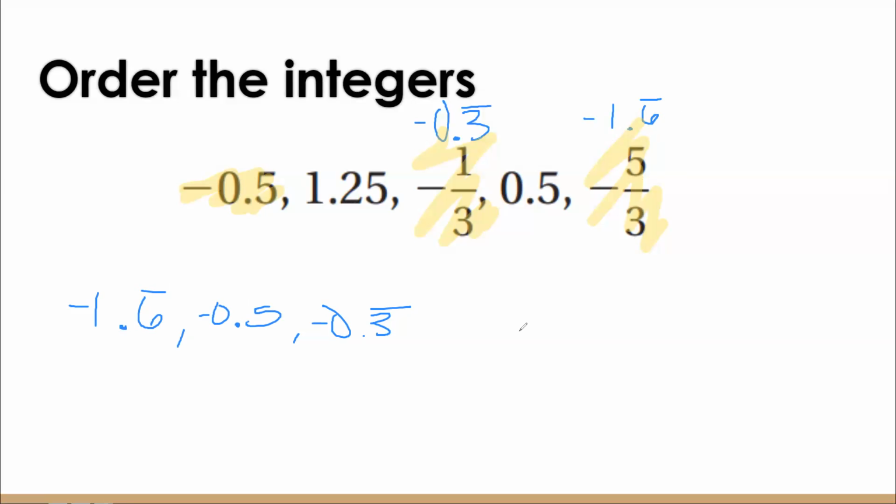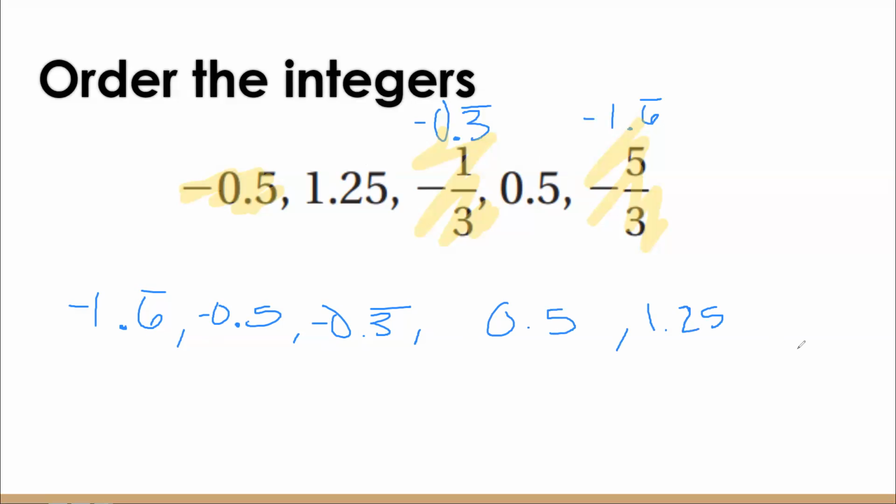Now that I have my negative numbers out of the way, I'm going to work with those positive numbers. Positive numbers, I'm looking at 50 cents and $1.25. I would rather have $1.25 over 50 cents, so I know 1.25 is going to be the bigger number, which leaves our last spot for that 0.5 number.